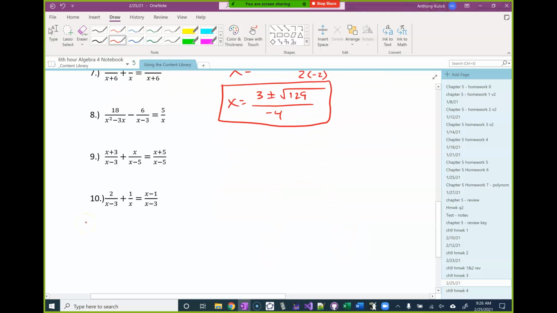Okay. So again, I would start by looking to see if I can factor anything. Clearly, there's nothing here to factor, so I'm going to go straight to identifying the least common denominator. When I do that, I see two distinct prime terms. I see x and x minus 3, so my least common denominator is just going to be x times x minus 3, since each one of those denominators occurs at most one time in any fraction.